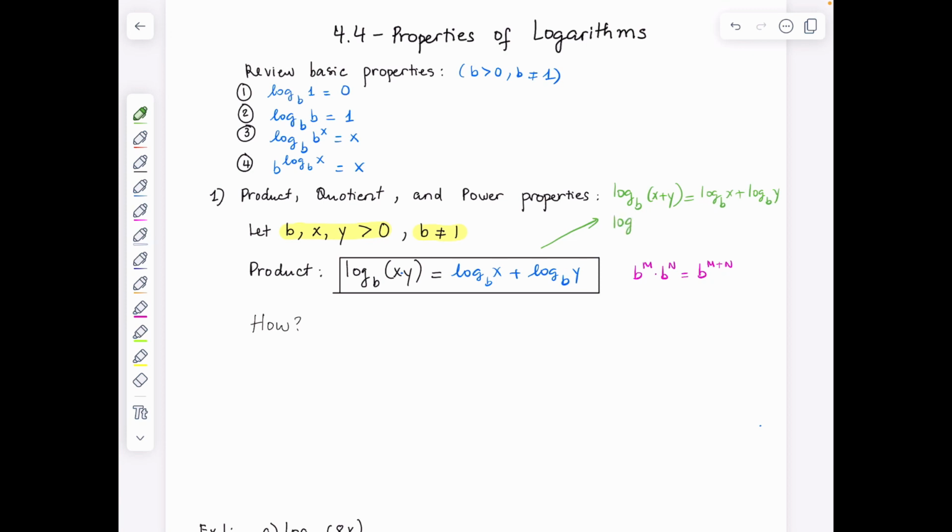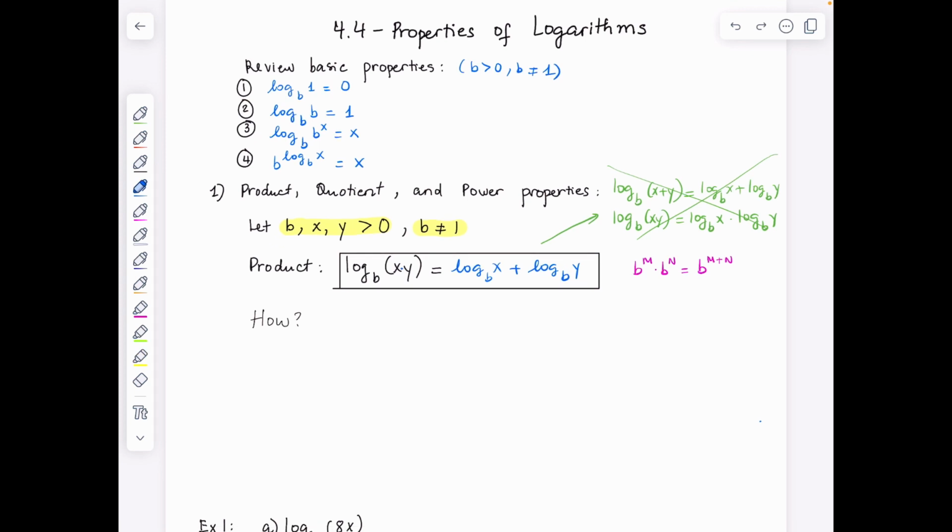Also, another mistake, log base b of x times y is equal to log base b of x times log base b of y. Both of these are incorrect. Again, the correct way is you have x times y here, and then you end up with the sum of 2 logs here.